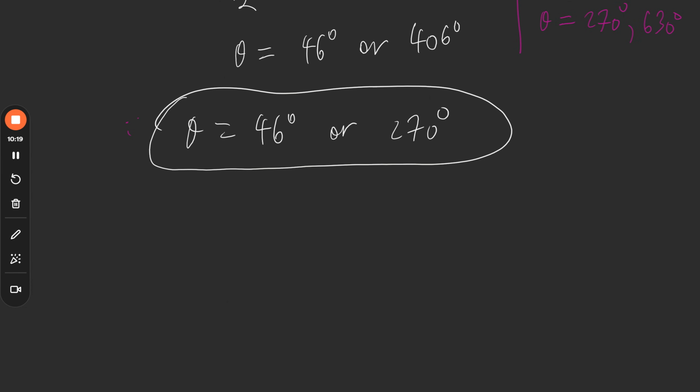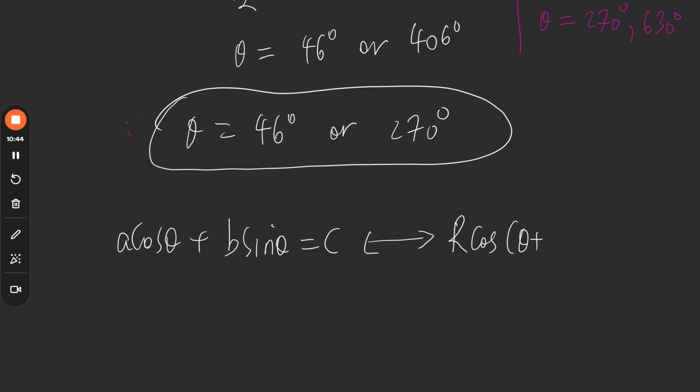Now coming to the other form, where we are going to have a cosine theta plus b sine theta equals c, expressed in the form of r cosine theta plus or minus alpha, or r sine theta plus or minus alpha.